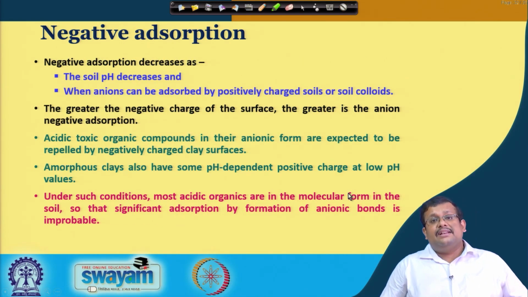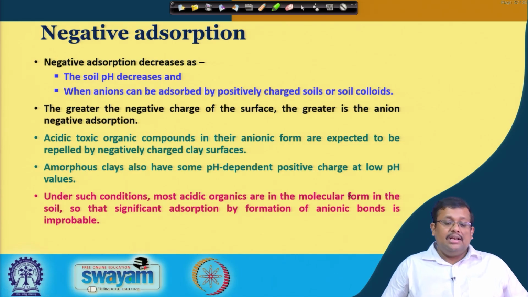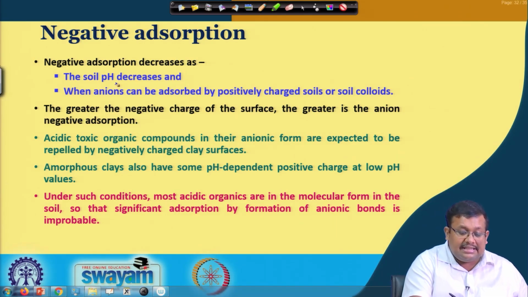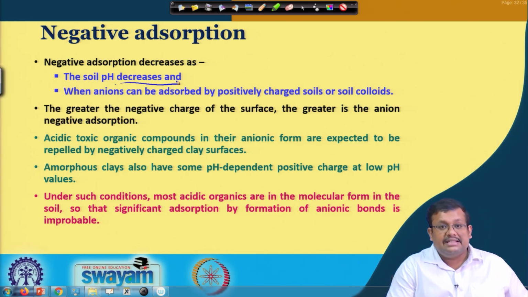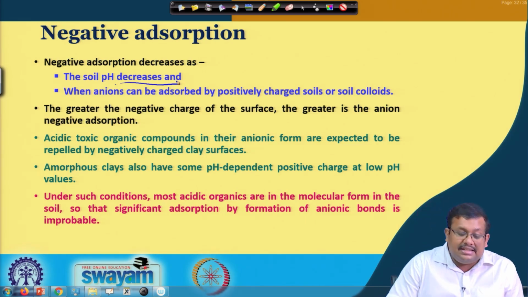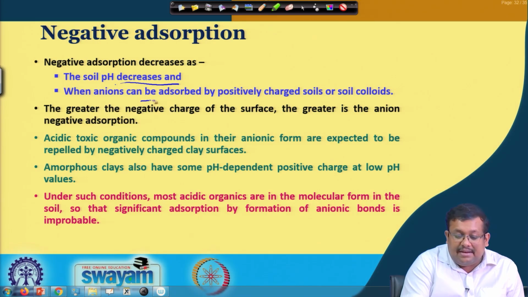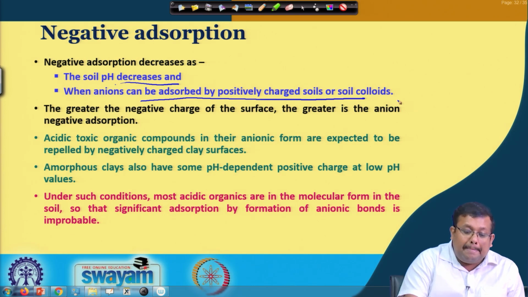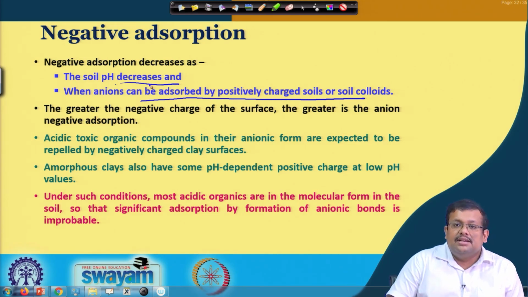Now, negative adsorption in the soil decreases as the soil pH decreases. When the soil pH decreases, negative adsorption decreases, and also when the anions can be adsorbed by positively charged soil or soil colloids. Why?